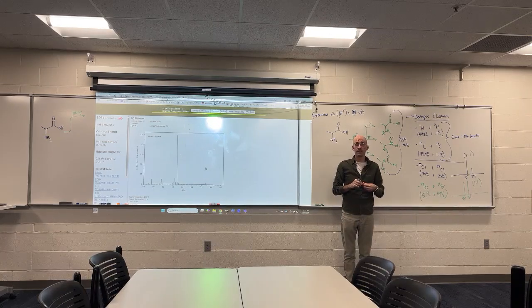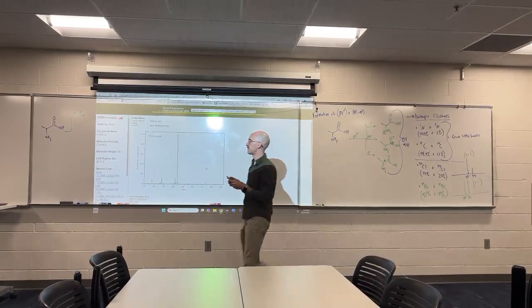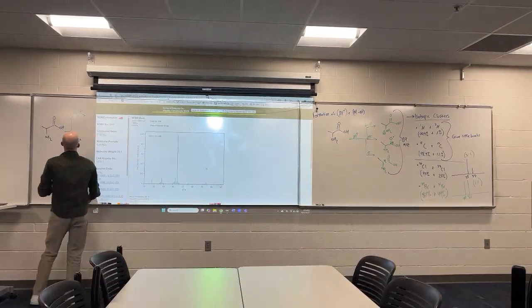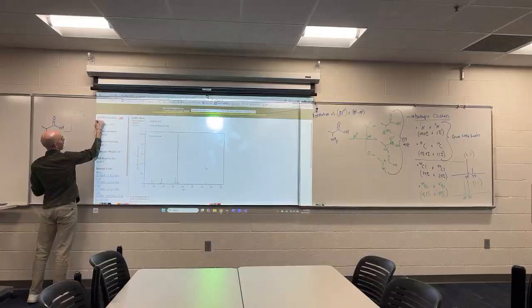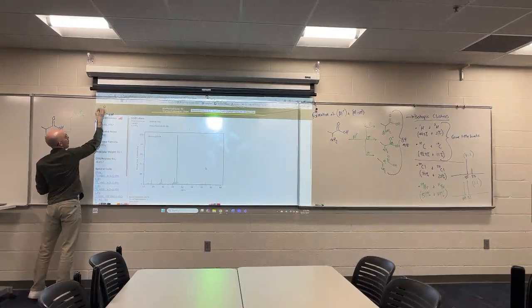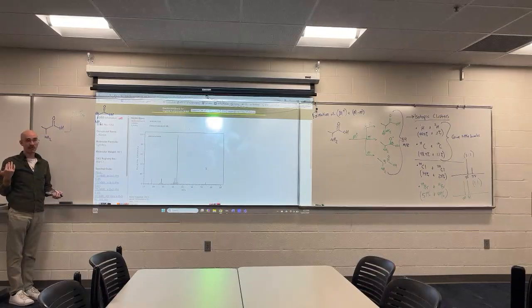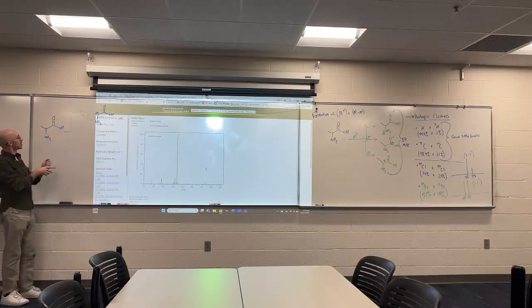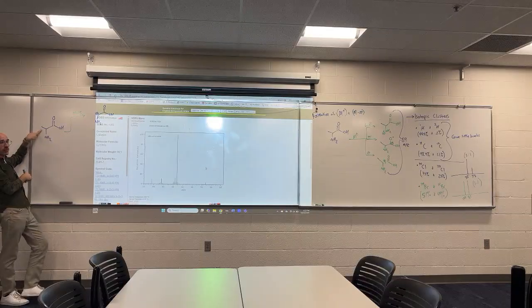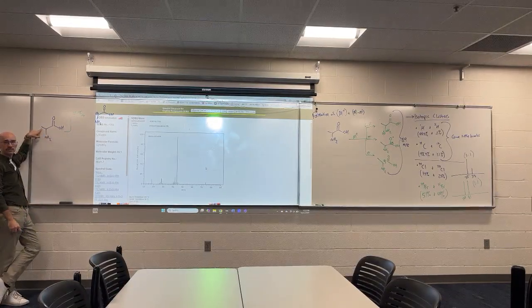Methyl. So if this is the molecule minus a mass of 15, then I'm looking at a cation where the methyl is not a part of it. So I take this CH3 group of alanine, junk, gone.